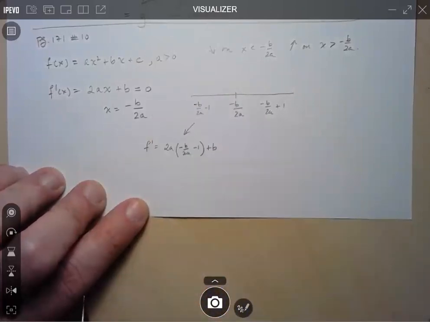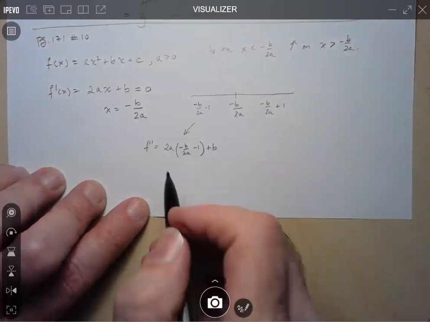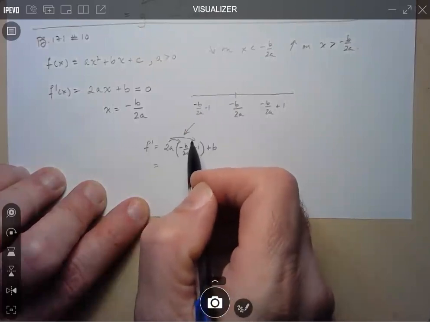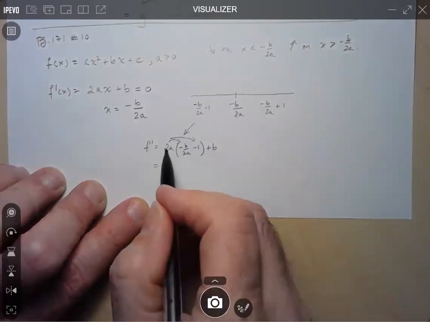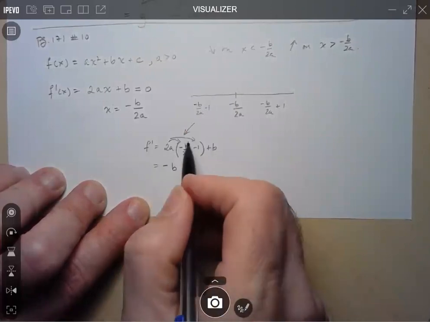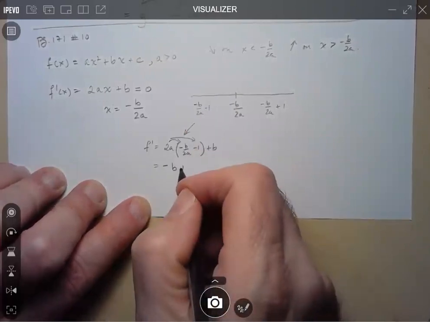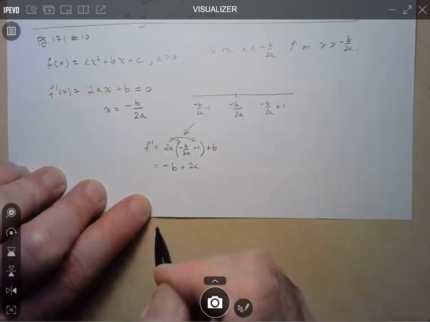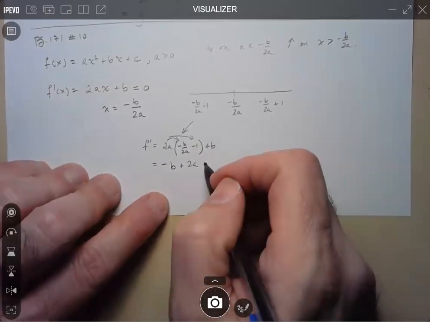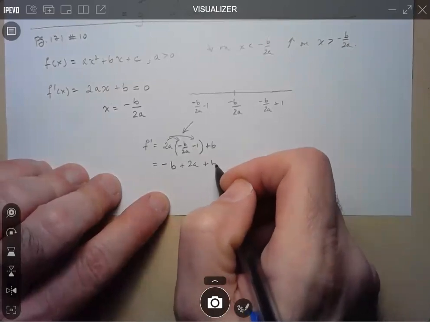Okay. And I'm just going to simplify. Well, look at what happens when I distribute this. The 2a's cancel out, and look what I'm left with, just negative b. Here I'm left with plus 2a. Okay, and then here I'm just left with a plus b. All right.